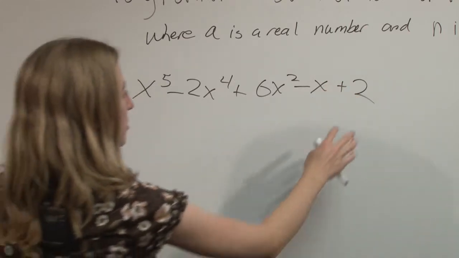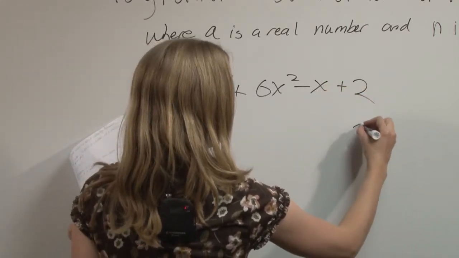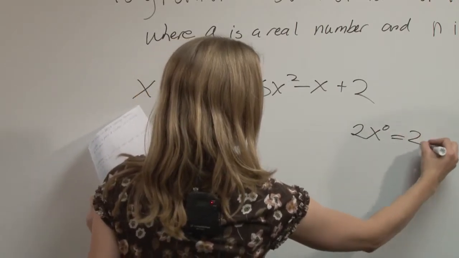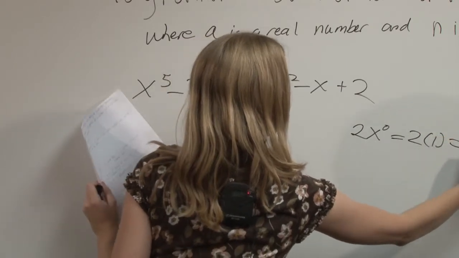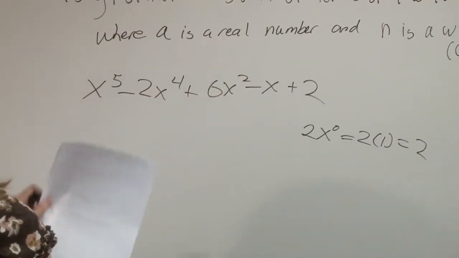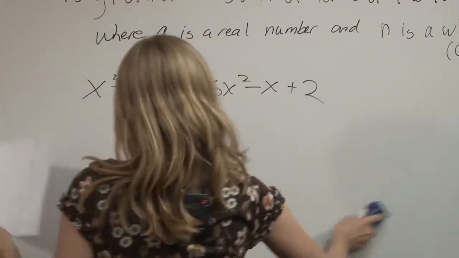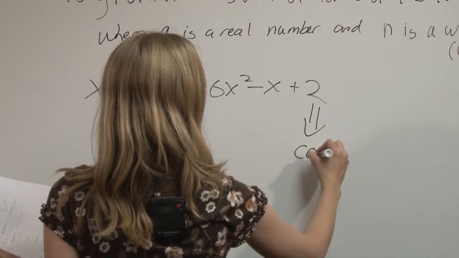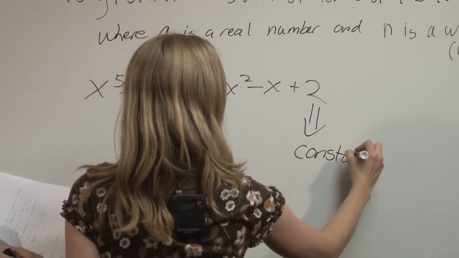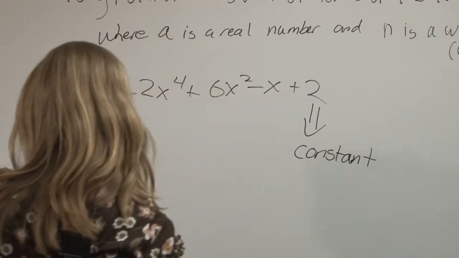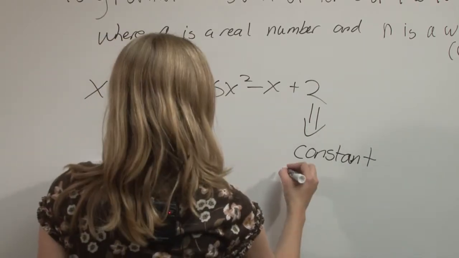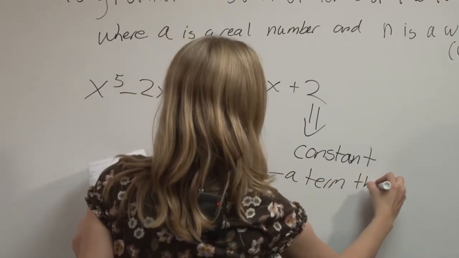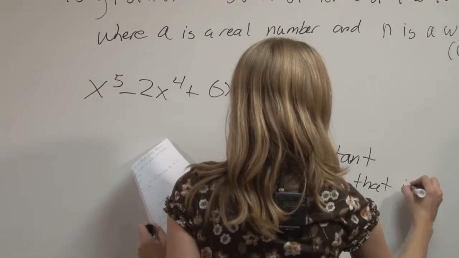And then we put the 2 last because we can think of that as like 2x to the 0 power, because anything to the 0 power is just 1. So that's why the constant goes last, which brings me to another term. That is a constant. So it's a term that is just a number.